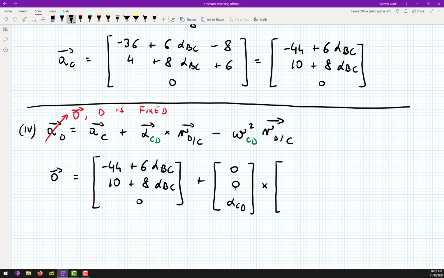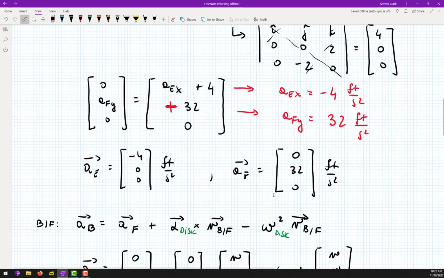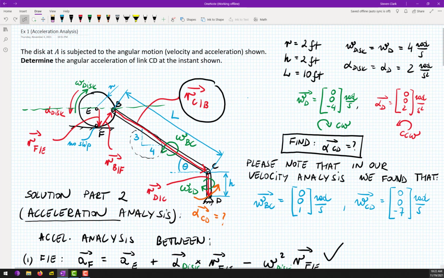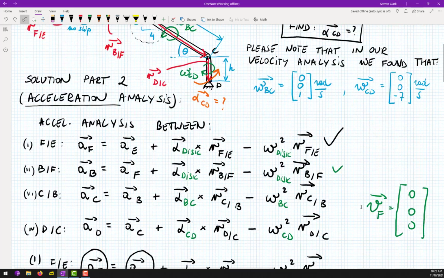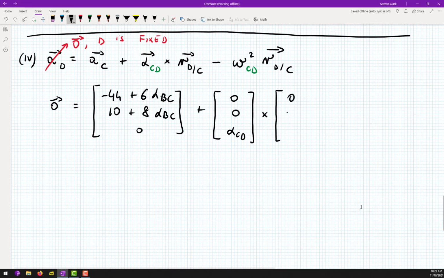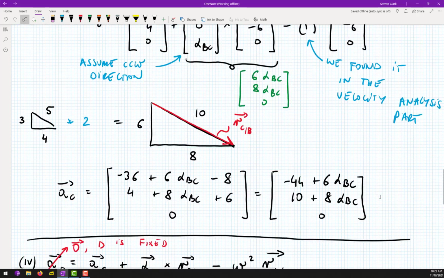Times this vector. For the 4th time, I'm going to scroll up the board and find RDC. This is this little vertical vector, and its components are 0, minus H, 0. Minus, dang, I have to scroll up the board once again, omega CD. What was its value?